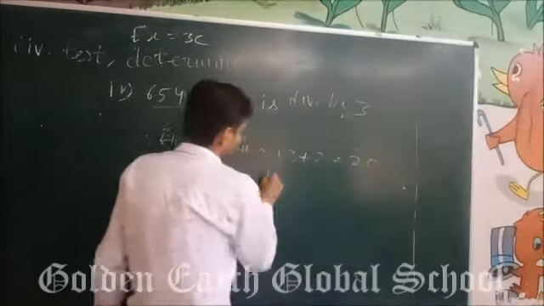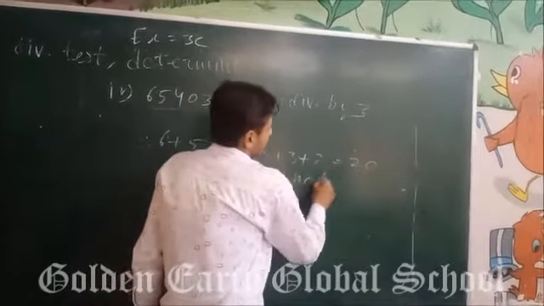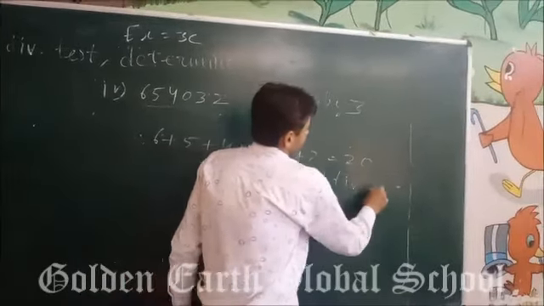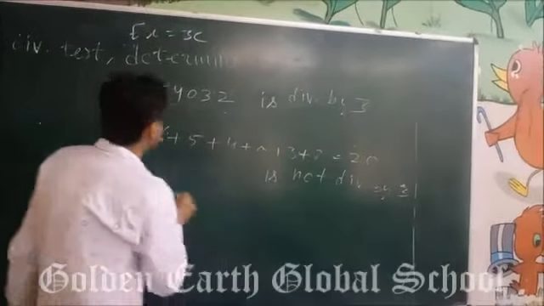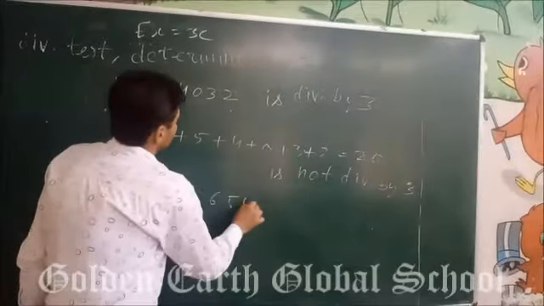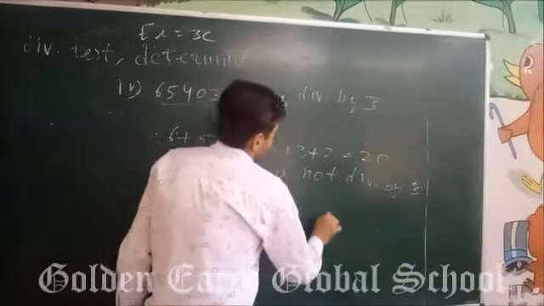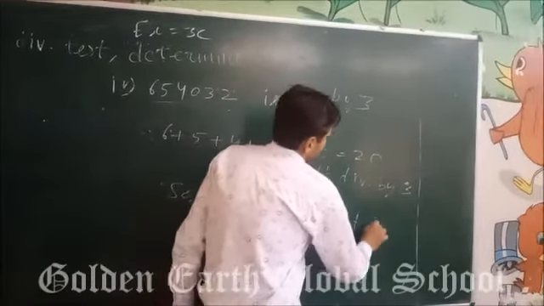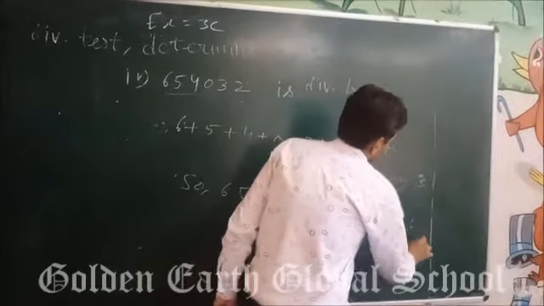So 20 is not divisible by 3, so 654032 is not divisible by 3.